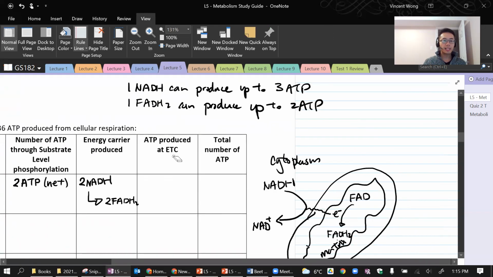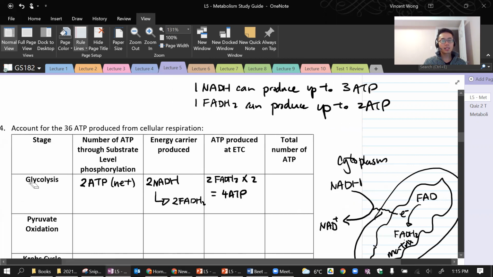So let's take a look here. ATP produced at ETC, right? So these NADH will pass the electron to FADH2, and then we will have 2 FADH2 times 2 ATP, which makes 4 ATP in total. So from glycolysis, we directly produce 2, indirectly produce 4, so a total is 6 ATP.